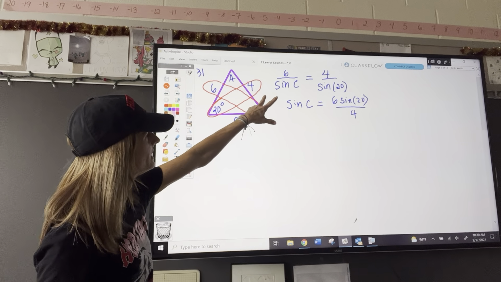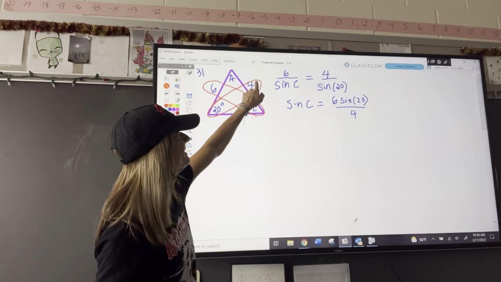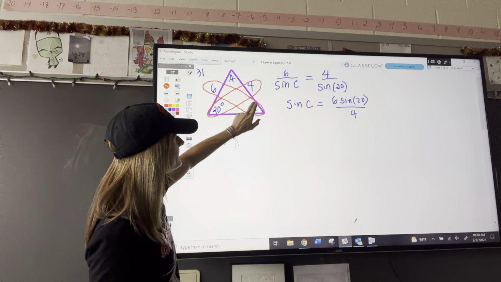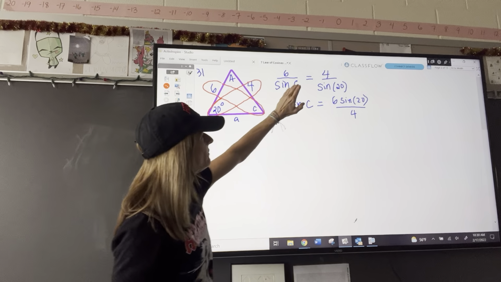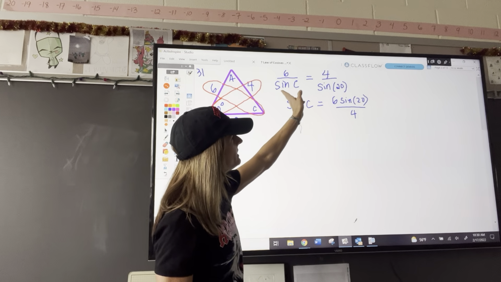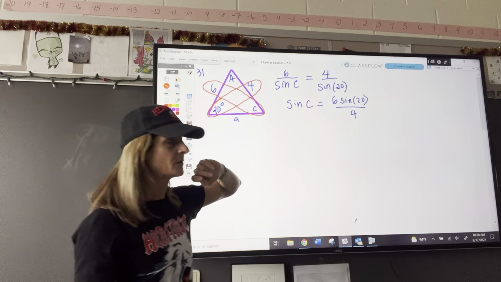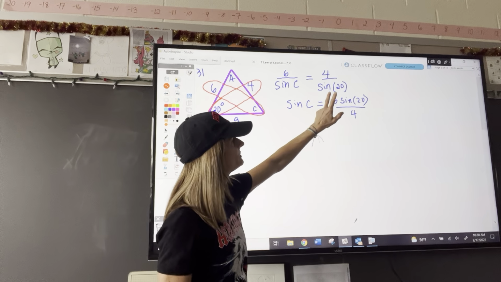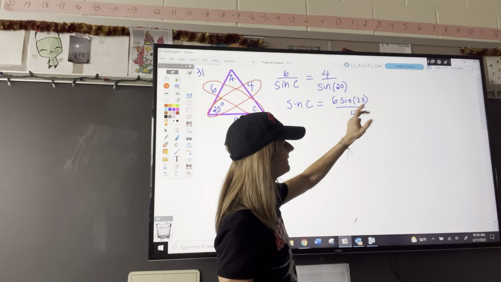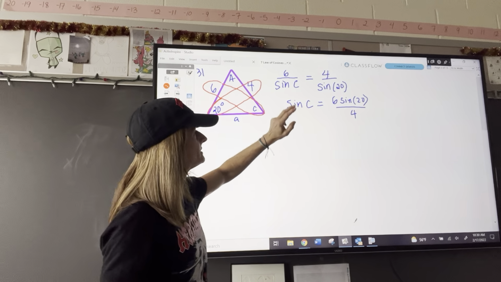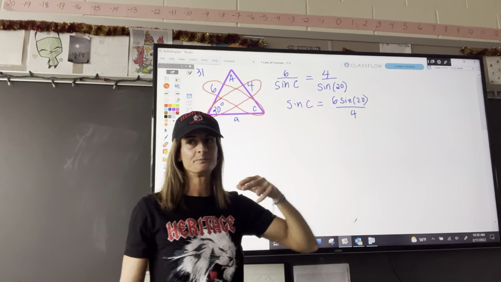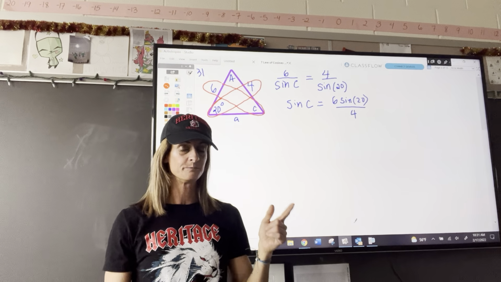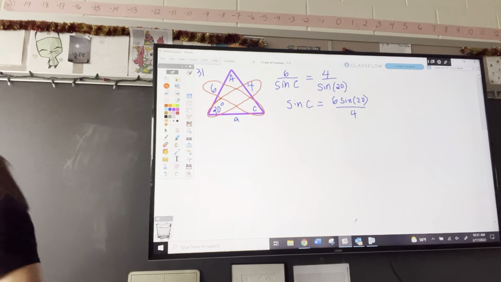So we go ahead and set it up. 4 over the sine of 20 equals 6 over the sine of C. And we have one unknown, so we can cross multiply and divide just like we do in our other problems. In this case, we have the sine of C equals 6 times the sine of 20 divided by 4. Since we're trying to find the measure of an angle, back from geometry, we would then use inverse trigonometry to find that. So we go to our calculator.